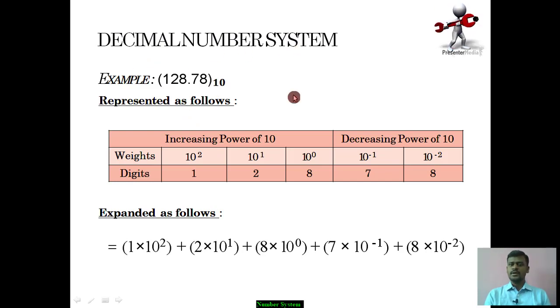So using this table we can write an expression by expanding the values, that is expanded as follows: 1 multiplied by 10 raised to 2, plus 2 multiplied by 10 raised to 1, plus 8 multiplied by 10 raised to 0, plus 7 multiplied by 10 raised to minus 1, plus 8 multiplied by 10 raised to minus 2.